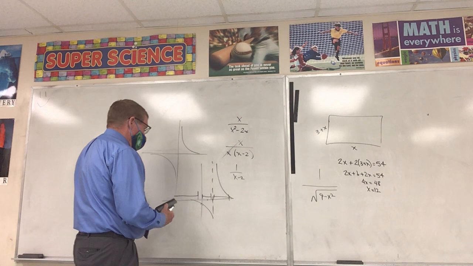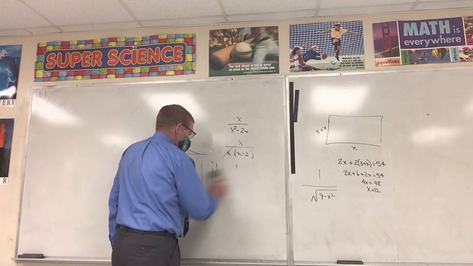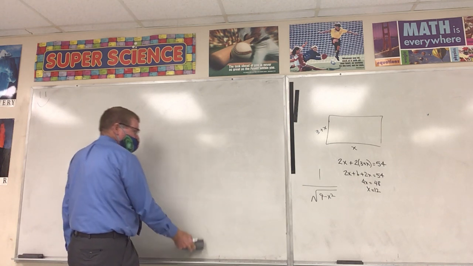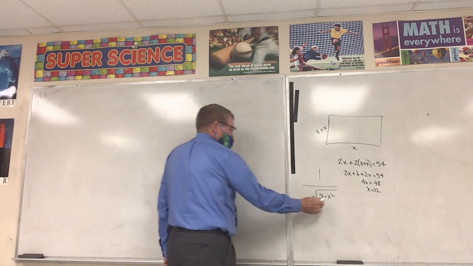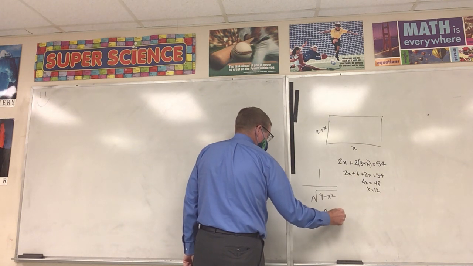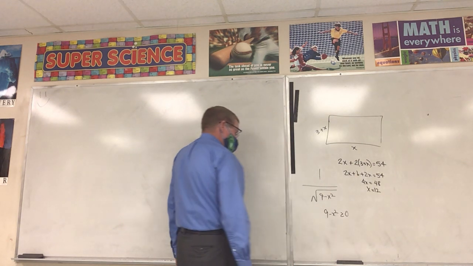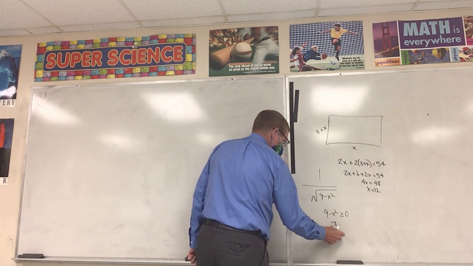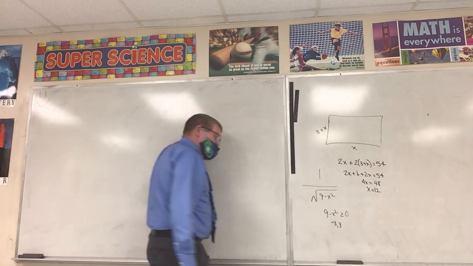Number 18, 1 over 9 minus x squared. Wouldn't it just be 1 over 3 minus x? No, you can't factor it. What's my domain here? Negative 3 to 3. But because it's in the denominator, do I want it included?